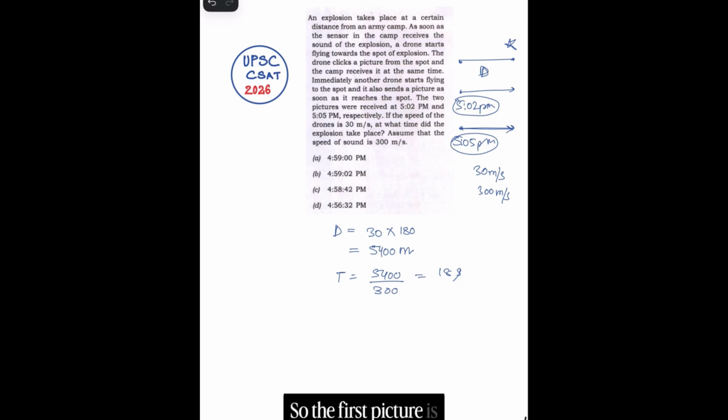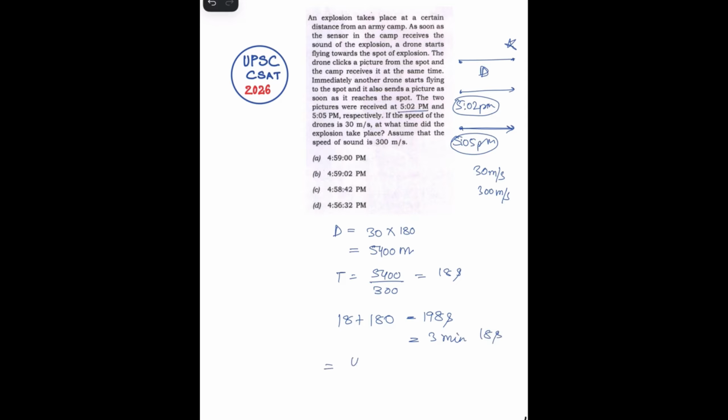So the first picture is received after 18 plus 180 seconds, which is equal to 198 seconds or 3 minutes 18 seconds. This is the time that we need to subtract from 5:02 p.m. So this gives us 4:58 and 42 seconds p.m. So the correct answer is option C.